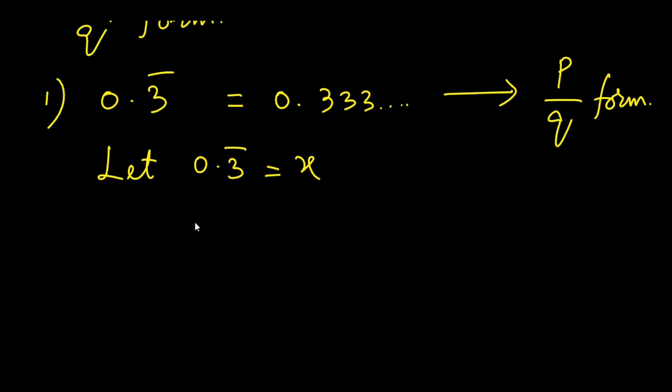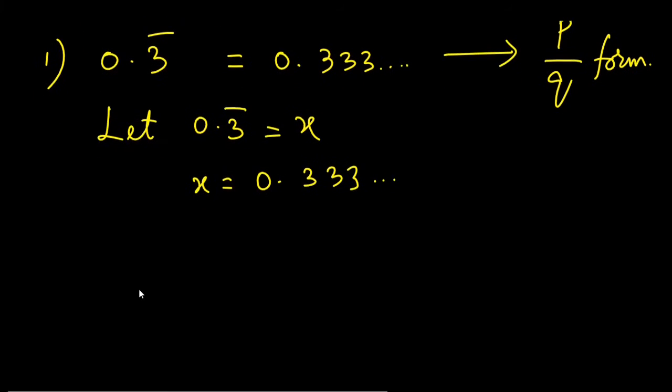So x here is 0.333, it's getting repeated. When there is one digit getting repeated, take a multiplication of 10x. Take 10 times of x.